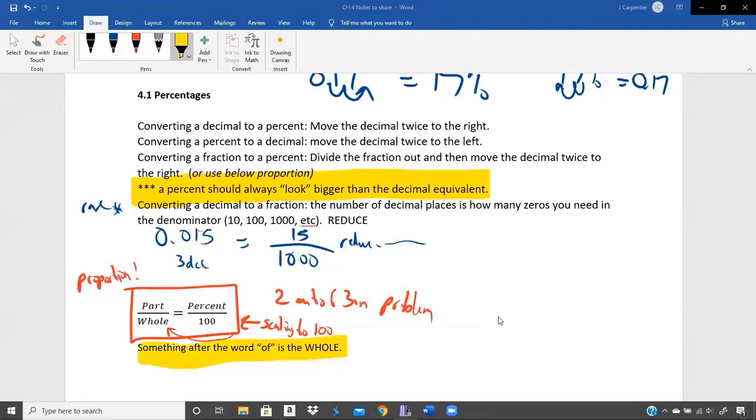I would say 90% of problems, notice what I just did there, that means 9 out of 10, 90 out of 100. 90% of problems usually have the word of in there somewhere. It doesn't have to be in there, but you usually see it. So if you see the word of, you know the next thing is the whole, which is what the bottom should be. The percent always goes with the 100, the part always goes with the whole.